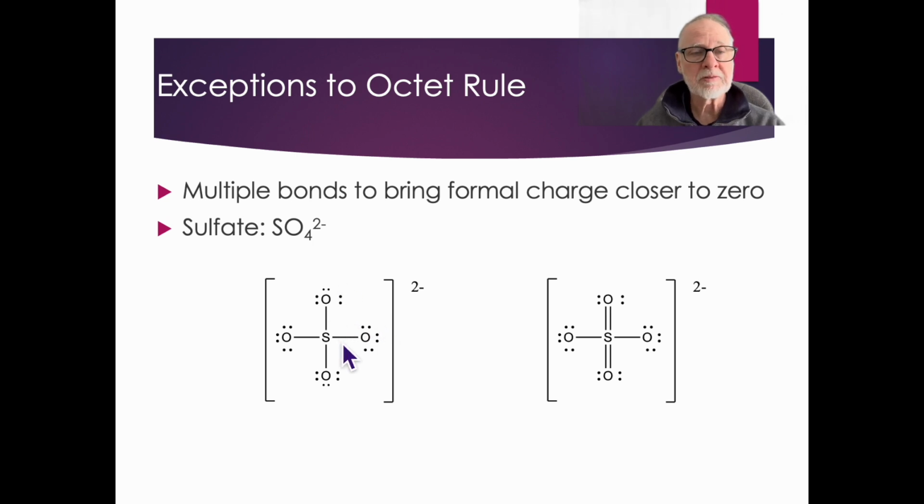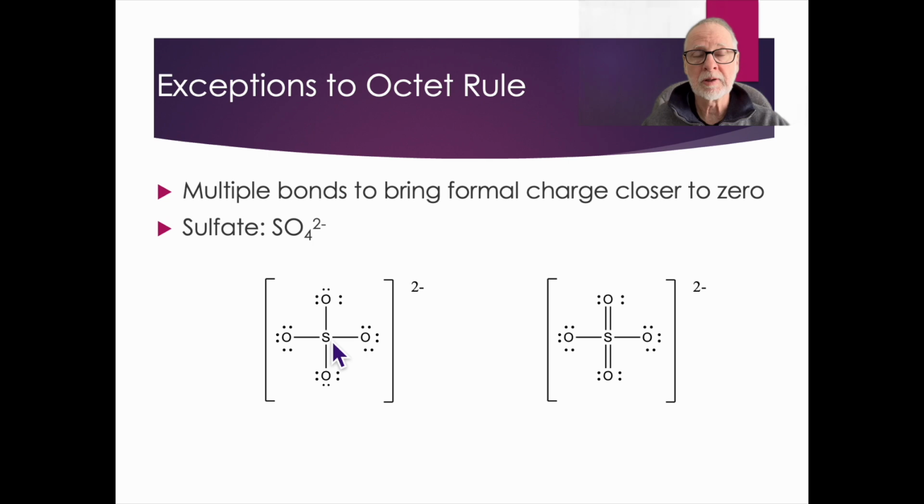The problem is if we start looking at formal charges. And if we start looking at formal charges here, what we're going to note is that the oxygens, which have 6 valence electrons, each have a formal charge of -1. So each of our oxygens has a formal charge of -1.